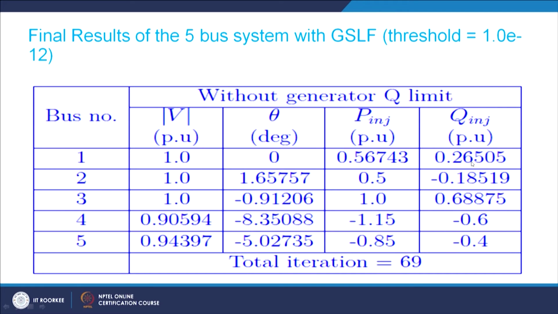Now if we look at this total load and total generation, total load was 200 megawatt, that is 115 and 85, and the generation by these two PV buses was 150 megawatt. So a rest of 50 megawatt plus some losses should come from the slack bus.